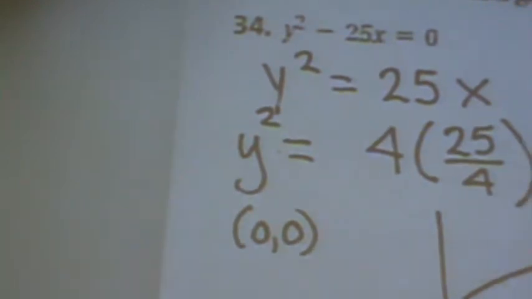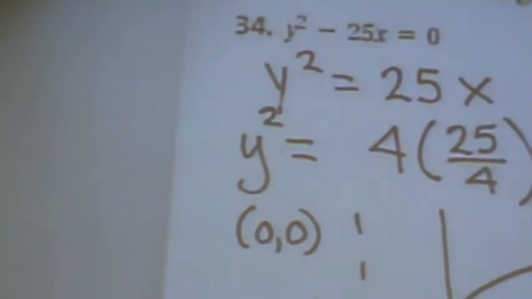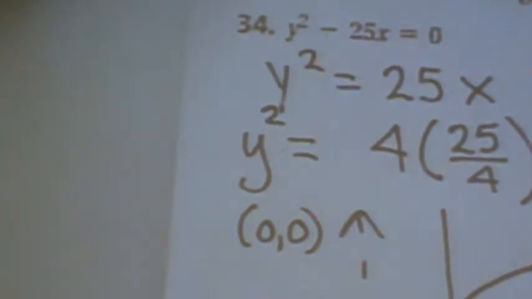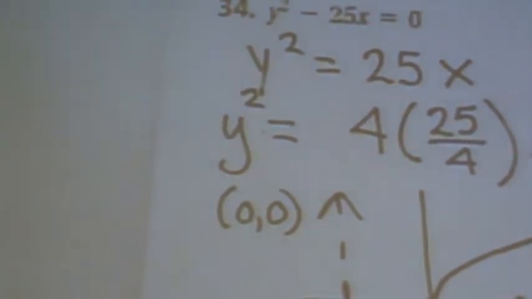Some people want to convert 25/4 to a decimal, you can. But what would this focus point be here? (25/4, 0). And this would be x equals negative 25/4, which is negative 6 1/4, right? Yes.